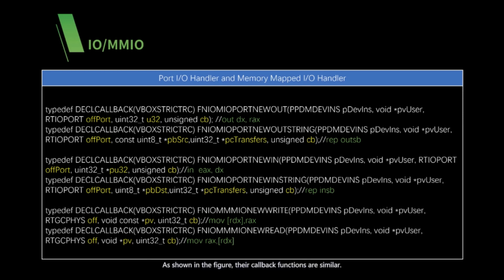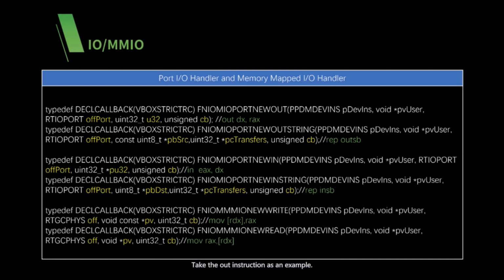As shown in the figure, their callback functions are similar, and what we need to focus on is which parameters the guest can control, such as the offset parameter, the pu32 parameter, and the cb parameter.